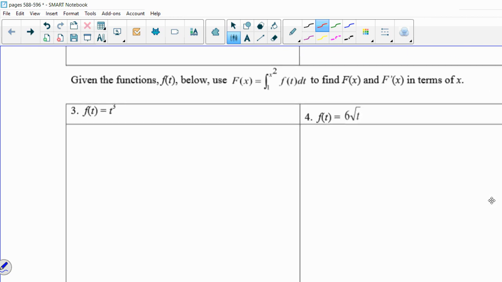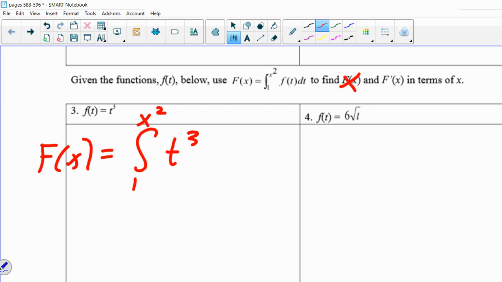All right, let's look at these. Given the functions f of t below, we're going to find big F of x and big F prime of x. Again, we don't have to worry about that because you already know that. So big F of x here is the integral from 1 to x squared of f of t dt, but f of t is t cubed. We're going to take the derivative of both sides.